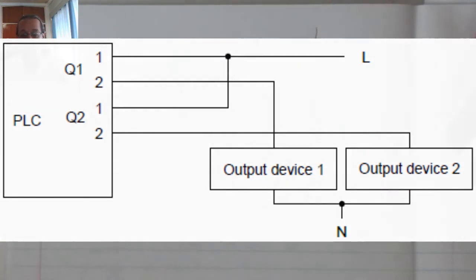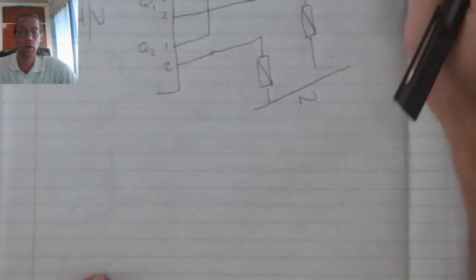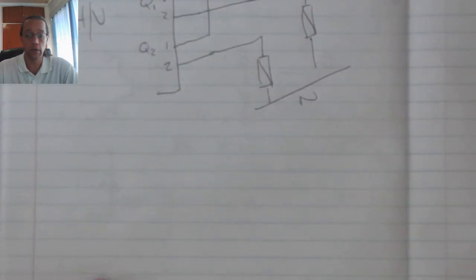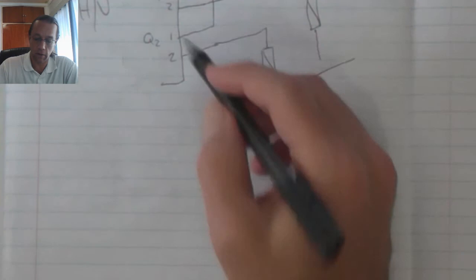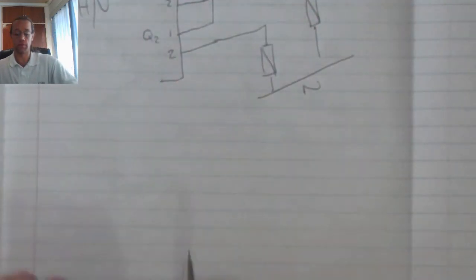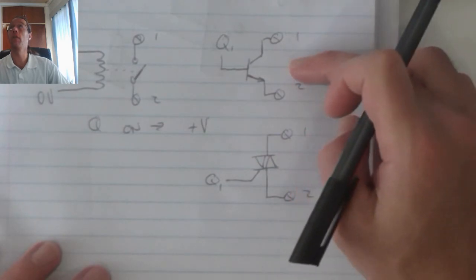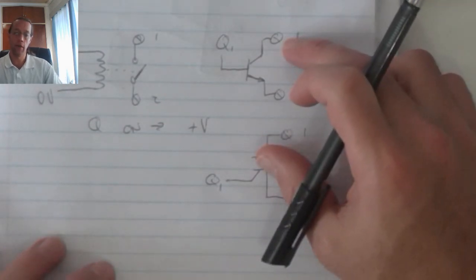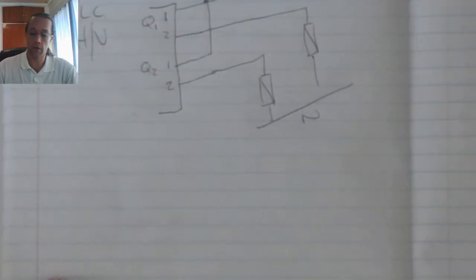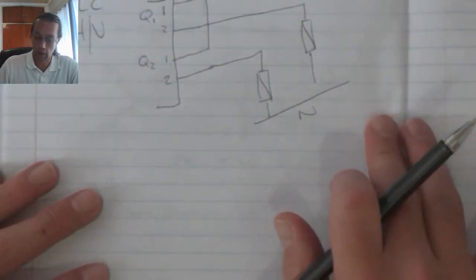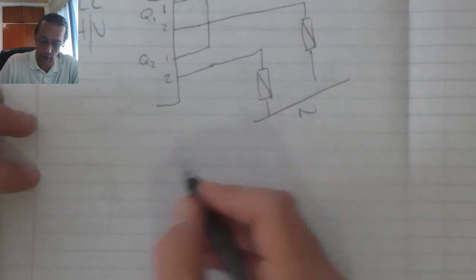When it comes to the relay or the low voltage output, remember these outputs are based on our transistor or thyristor configuration. These devices cannot handle excessive currents, and as a result they are typically low voltage devices.